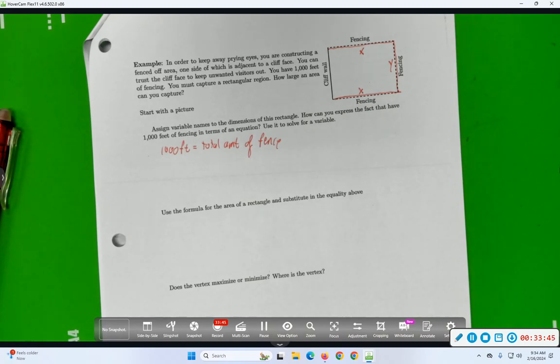So you've got 1,000 feet of fencing. If you pick side lengths x and y in that diagram, then how much fence have you used? How many x's? 2. How many y's? 1. So in total, 2x plus y.